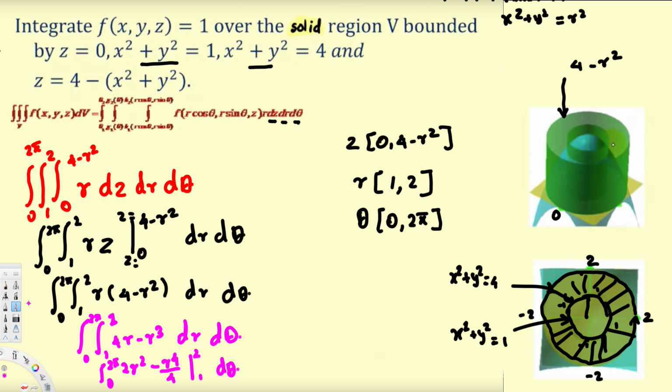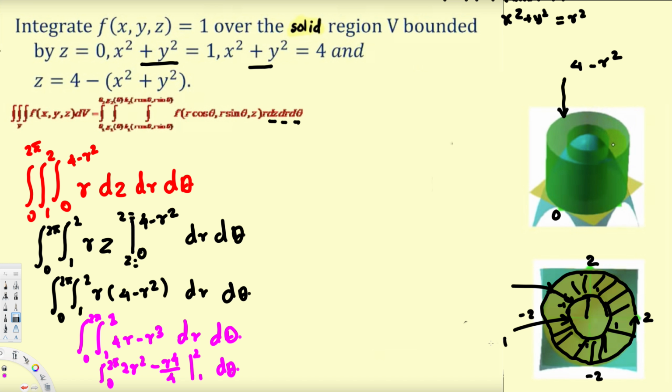Now let's continue this one here. Let's get rid of this part. Okay, so I'm going to continue this part here. Now here we have 2r square minus r power 4 divided by 4.